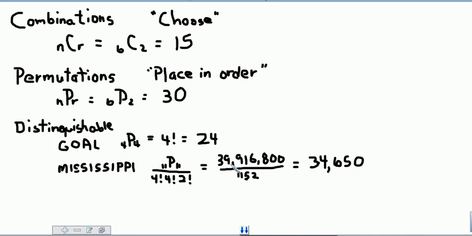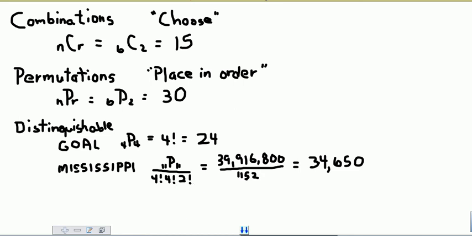That gives me 39,916,800. But I've got to divide out the duplicates. There are 4 I's, so I divide by 4 factorial. There are 4 S's, so I divide by 4 factorial. There are 2 P's, so I divide by 2 factorial. It gives me 1152. So the total here is only 34,650.